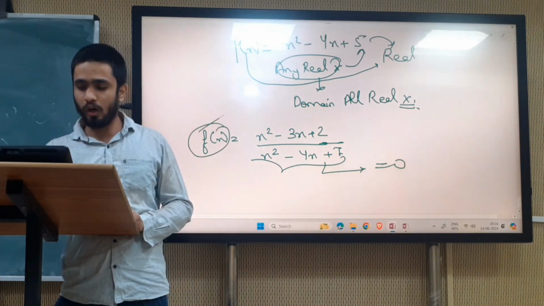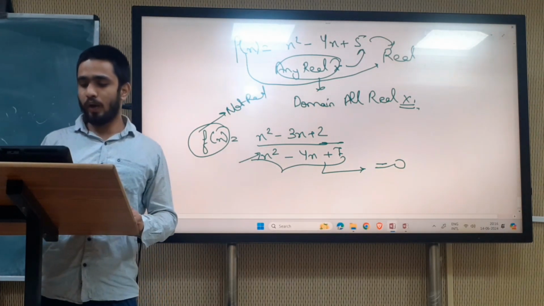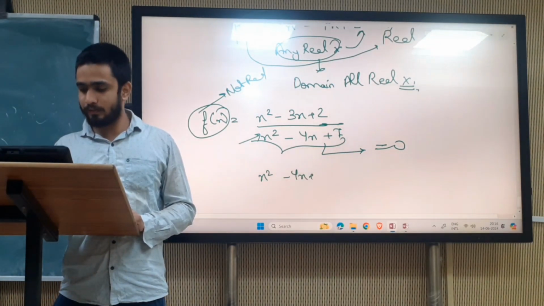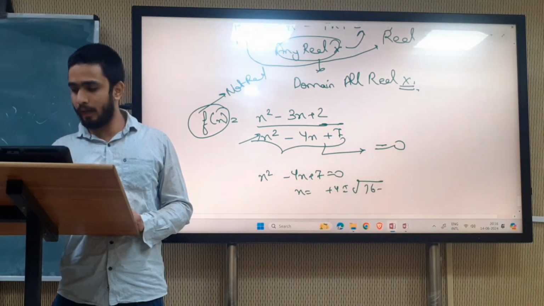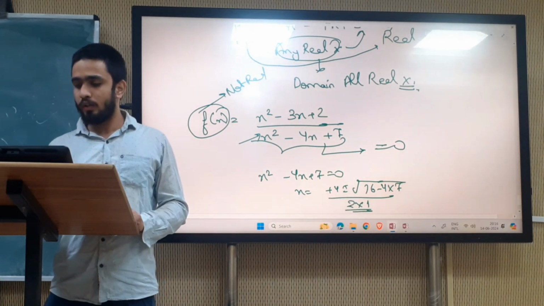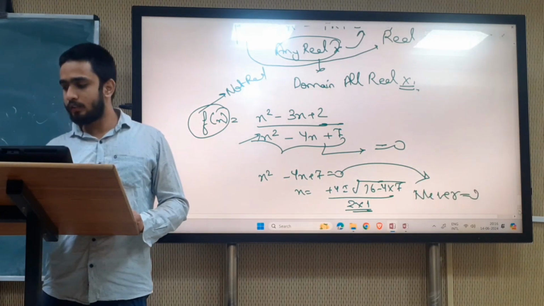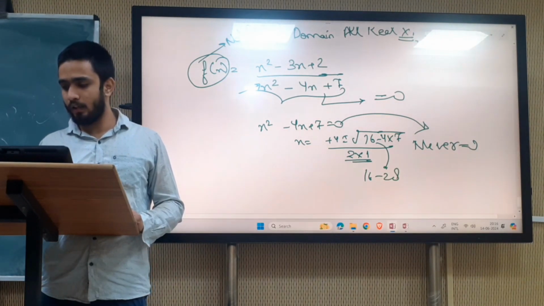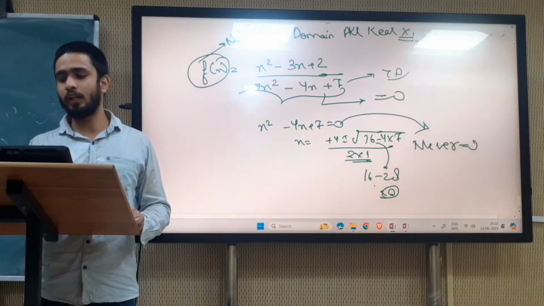When will x square minus 4x plus 7 be equal to 0? x equals minus b plus minus under root b square minus 4ac by 2a. This is never equal to 0, since D is 16 minus 28, which is negative.